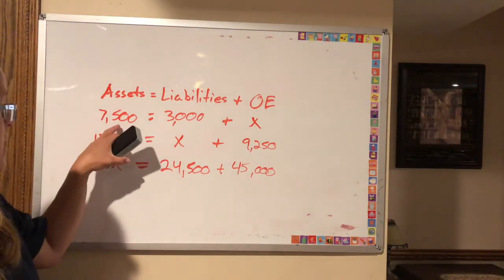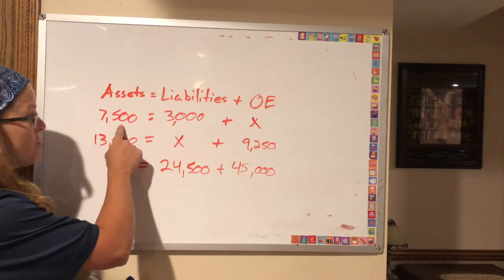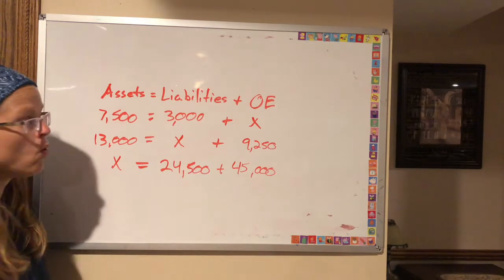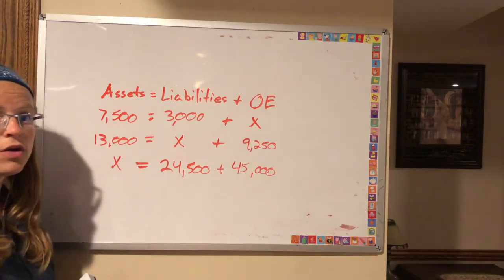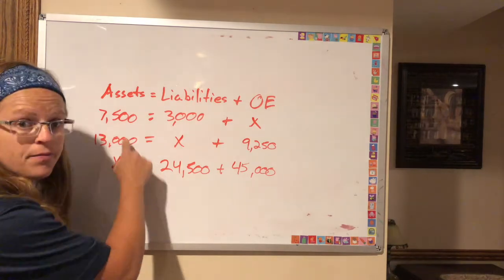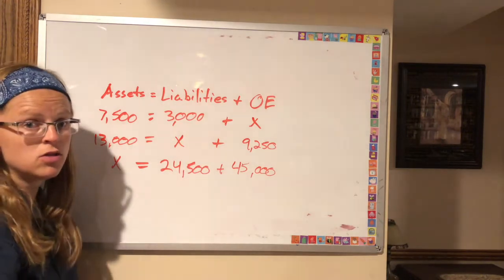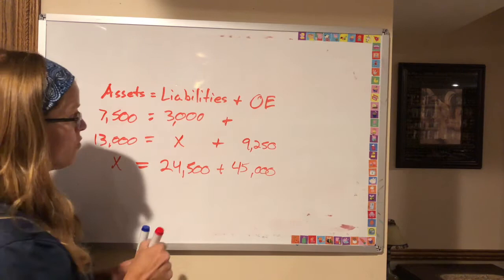So if your total assets equal $7,500 and your liabilities equal $3,000, what would your owner's equity be? You would take the $7,500 and subtract the $3,000. So your owner's equity would be $4,500.